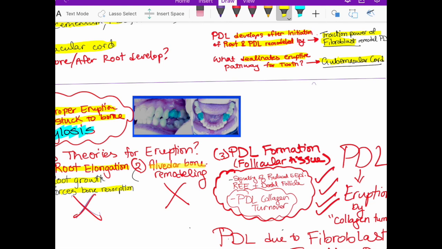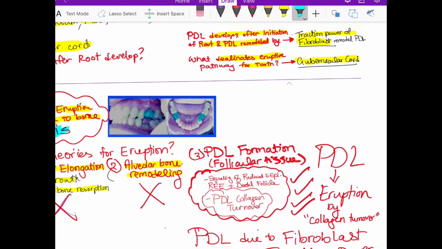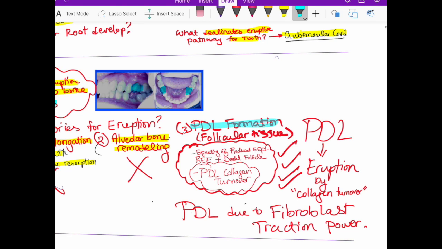You have the alveolar bone remodeling mechanism only, but the one that works and the one that we use is PDL formation. So it's a follicular tissue, and PDL erupts because of the collagen turnover due to those fibroblasts' traction power. And once again, you have the signaling of the reduced enamel epithelium with the dental follicle, and that is what triggers the PDL collagen turnover.